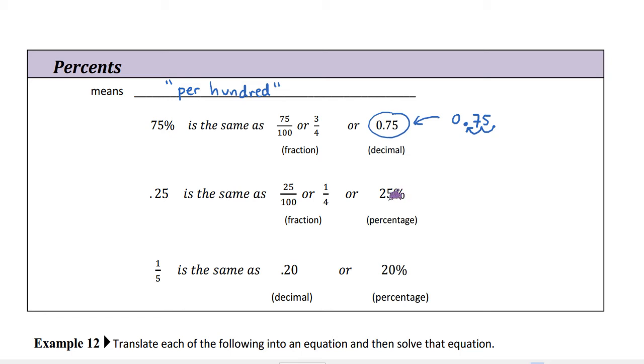If I move the decimal over 2, I end up at 0.25. And if I were to give you this fraction, you could think of that as a percentage as well. 1/5 is the same as 0.20, or 20%. If I move the decimal to the left 2 places, I'd end up at 0.2, which is the same as 1/5.